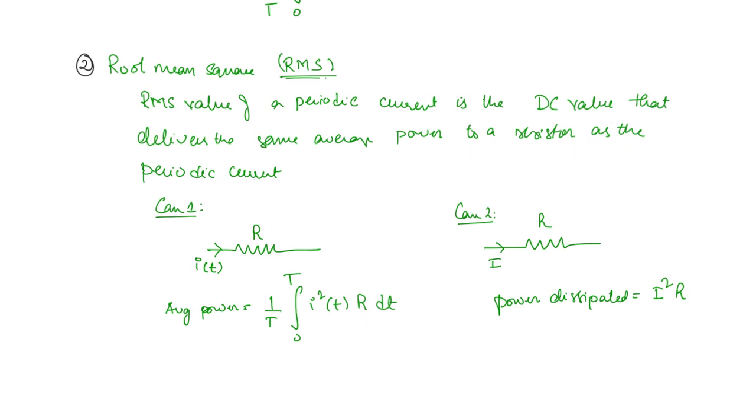So if the average power and this power dissipated are equal, then this value of current is what we term as the RMS current. So if we take this as P average and this as P DC, and P average is equal to P DC, then the DC value I is equal to the RMS value of the periodic current. That is the definition.